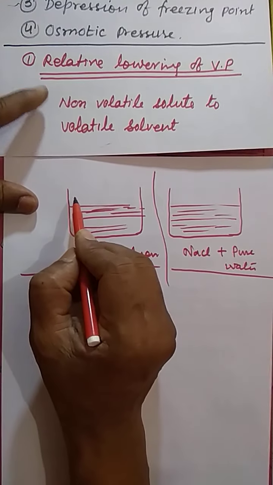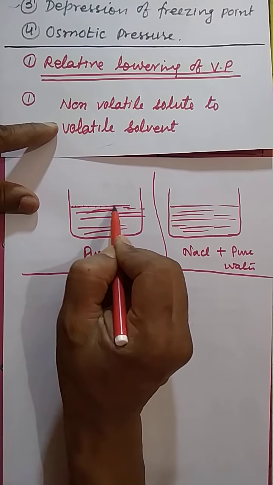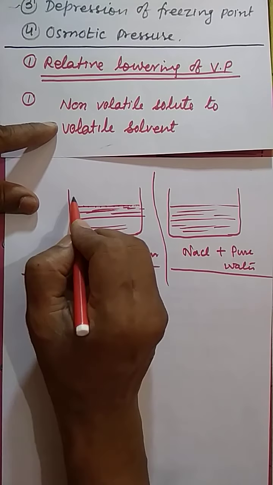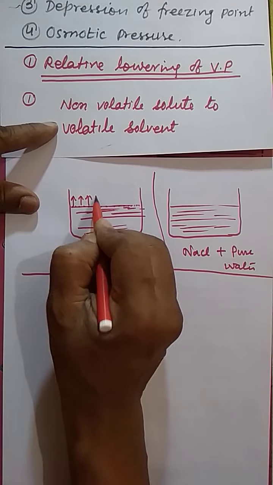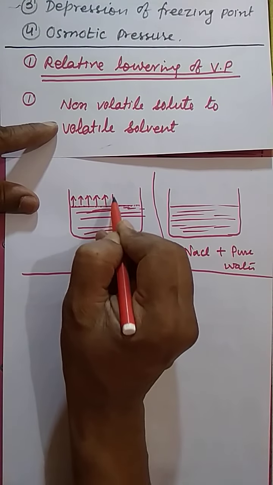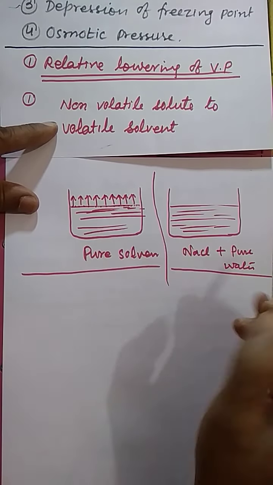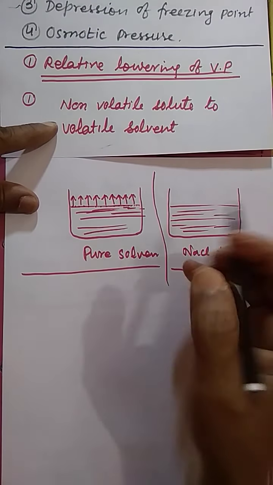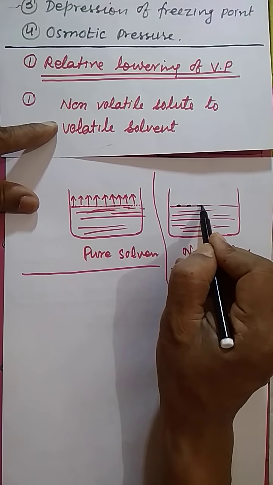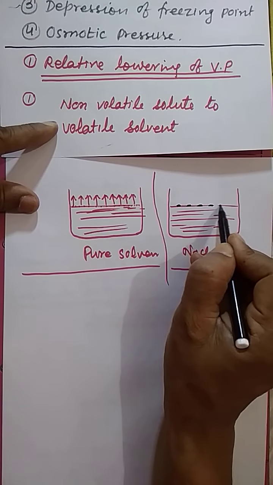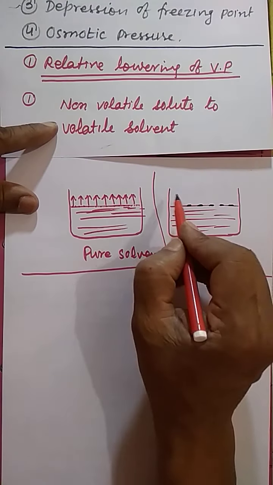So here you see, here all molecules are volatile, all having tendency to change into vapor. So vapor pressure is high, right? But in this case, some of the areas are occupied by non-volatile solute. Non-volatile solute means that it cannot be changed into vapor phase.